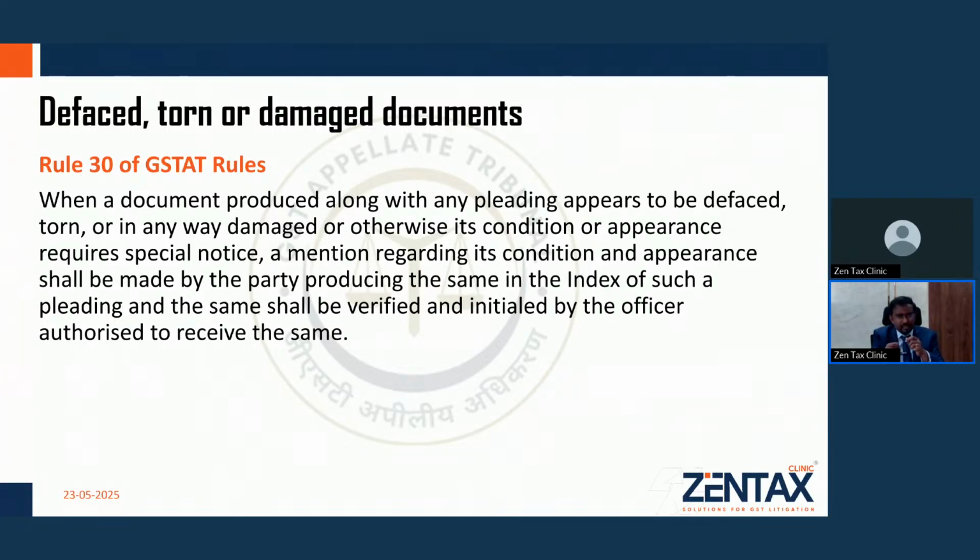It means that at the beginning of the hearing itself, it has to be specifically placed before the bench that such and such document is defaced, torn or damaged. Its condition and appearance shall be described by the party. The mention regarding it shall definitely be made before the bench and it should also be mentioned in the index of such a pleading, and the same shall be verified and initialed by the officer authorized to receive the same.